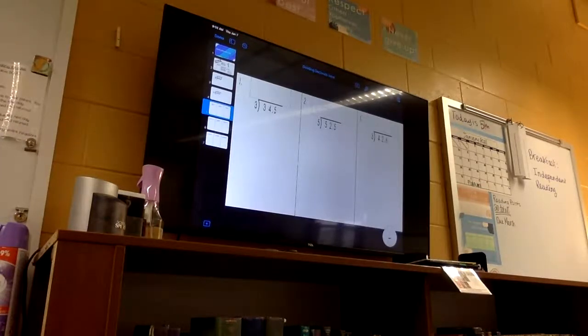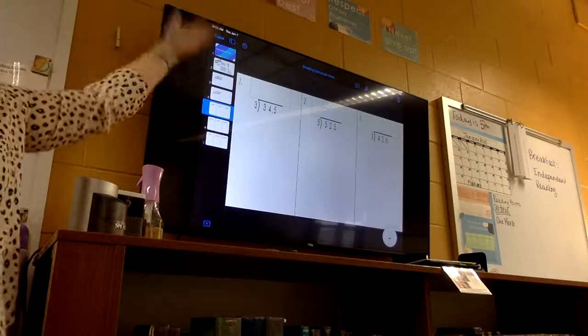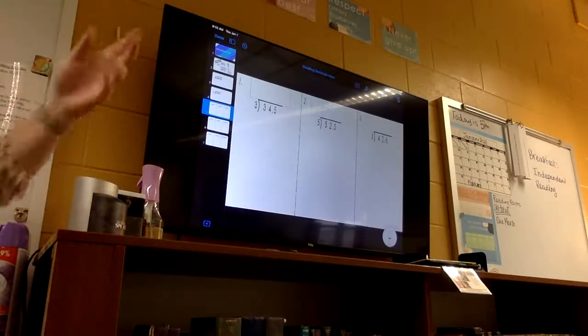Work it out and see what you get. Remember, you still have a decimal underneath your house. So once you're done, you move it up, or you can count how many decimal places you have under your house, and that's what you'll have on top of your house.